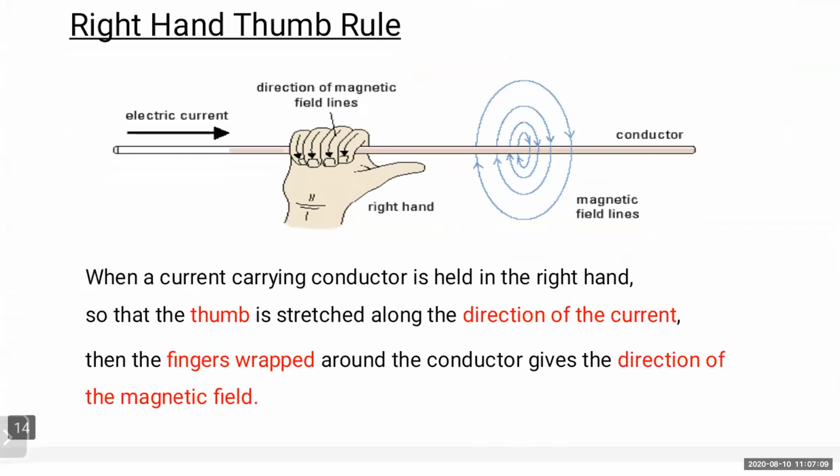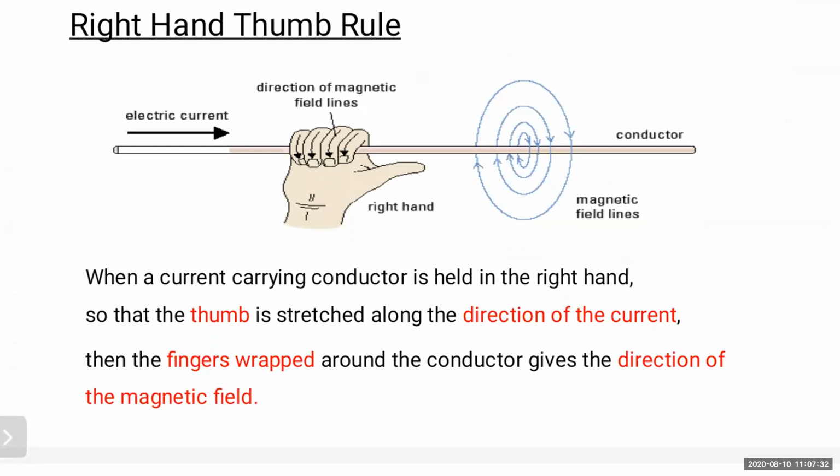Look at this slide, the right hand thumb rule. Here is the conductor and the direction of the magnetic field lines, and how they curve when the current carrying conductor is held in the right hand.